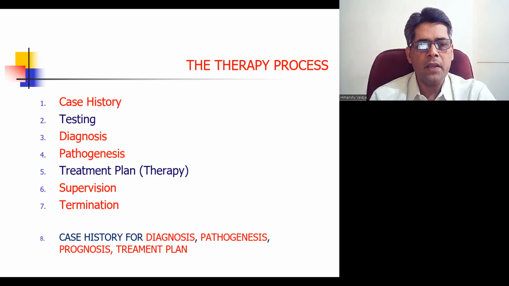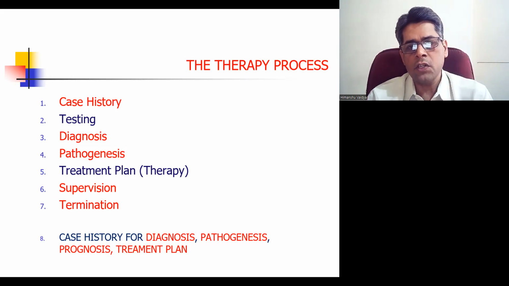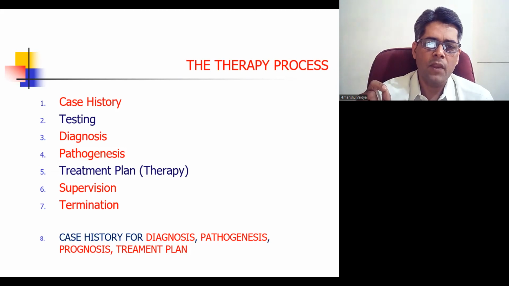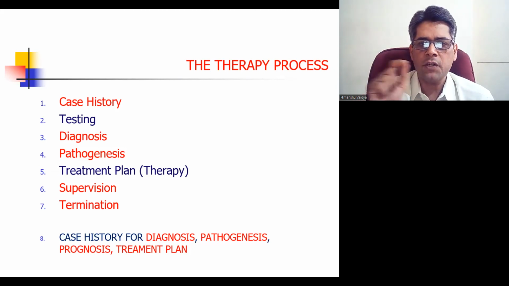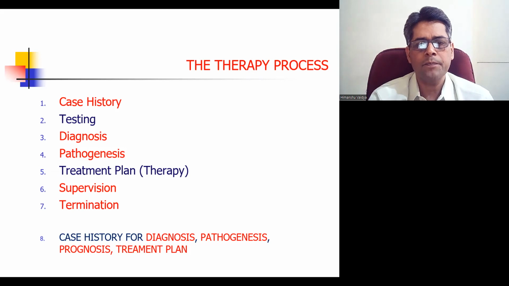Once we start therapy, then we have to take some sessions that we do to the supervisor. So supervision is a process where the therapist notes down after the session. After the session is over, the therapist notes down what happened between him and the patient and how the patient responded to various things.